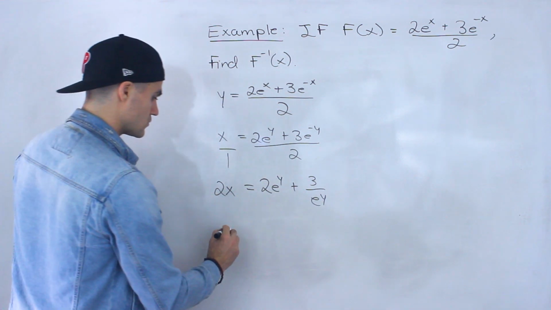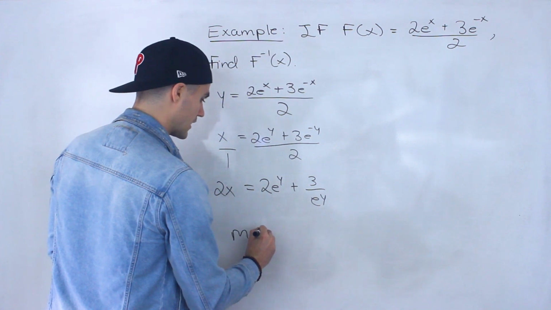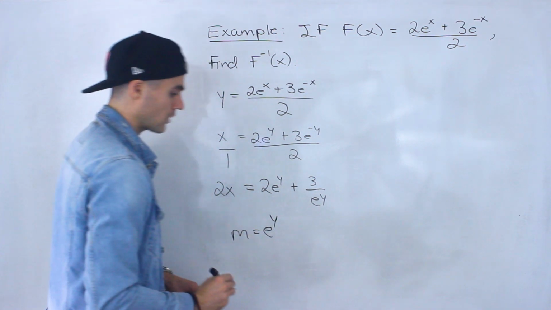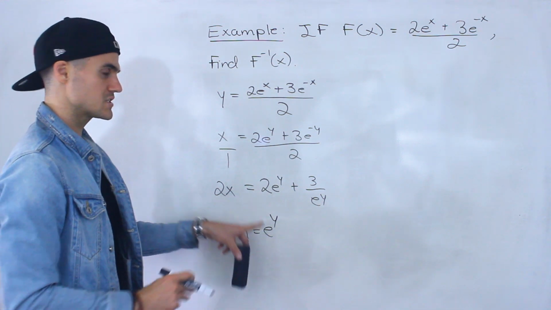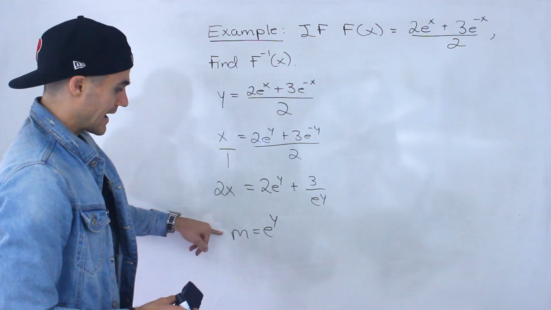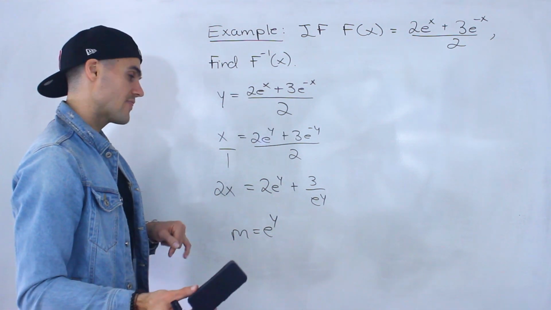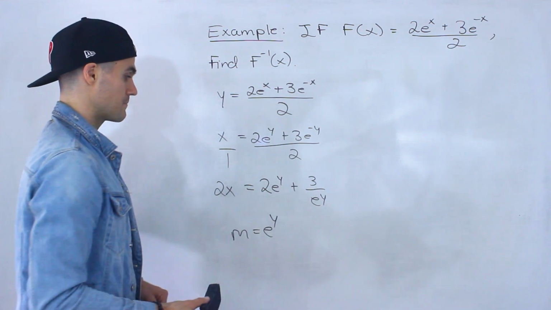So for now I'm going to make a substitution. I'm going to bring in a new variable m and sub it in for this e to the y, just to make the algebra a little bit simpler. Then I'm going to isolate for this m, and at the end I'll bring back this e to the y and sub it in for the m.